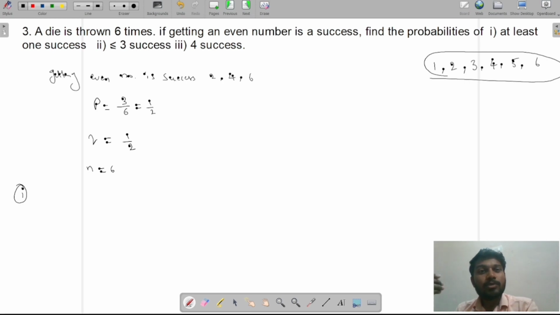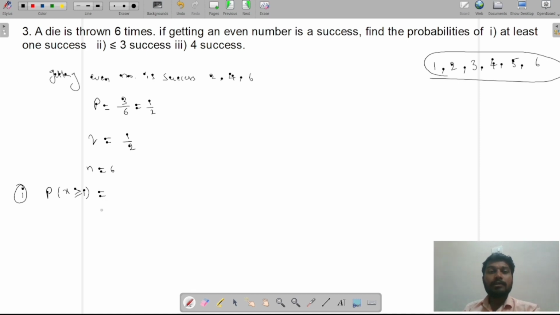What is at most? I'm throwing it 6 times, so at most I'll get 6 successes. Then how do we denote the probability here? P of x greater than or equal to 1, at least one success.